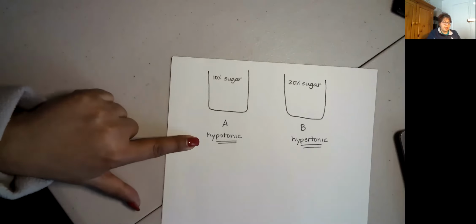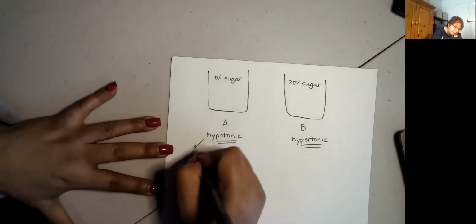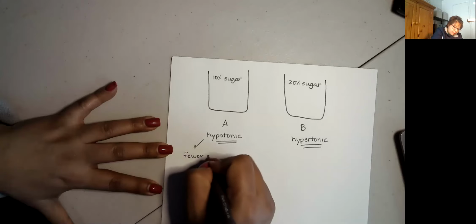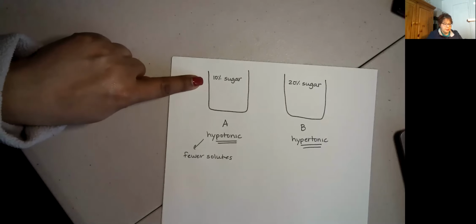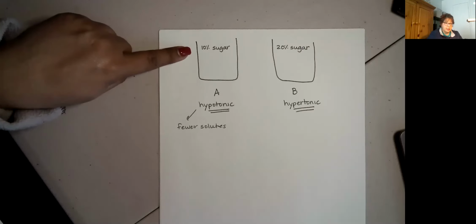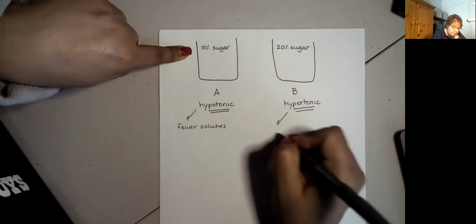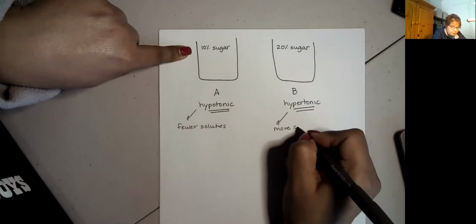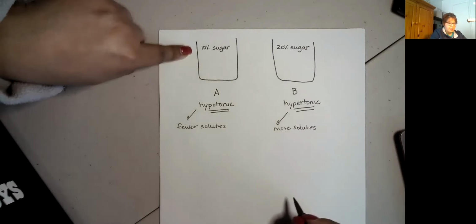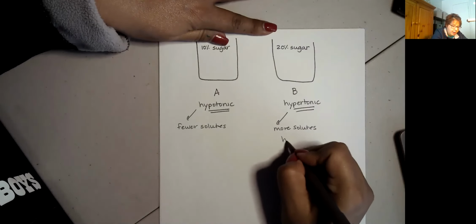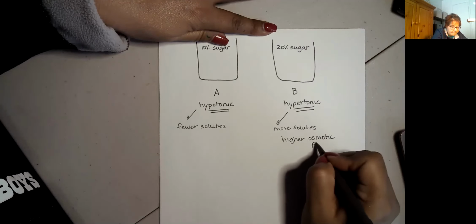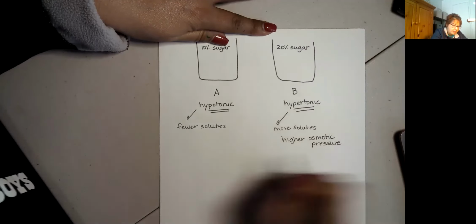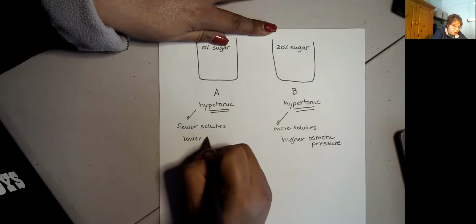Because the words hyper and hypo represent the stuff that's dissolved in the water. So hypotonic always has fewer solutes or fewer things dissolved, in this case, sugar. Hypertonic would be you have more solutes or more sugars. So hypertonic solutions always have a higher osmotic pressure. These always have a lower osmotic pressure.